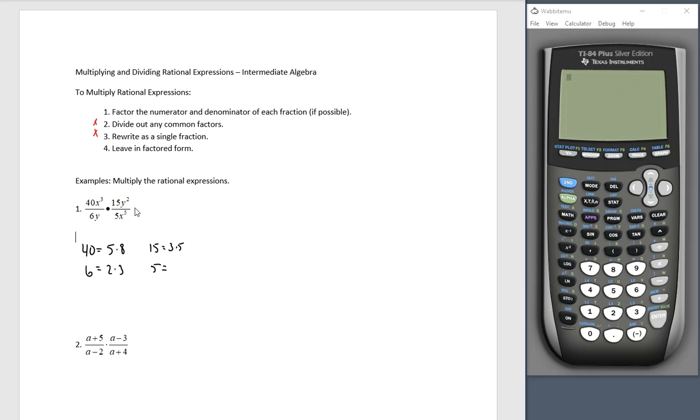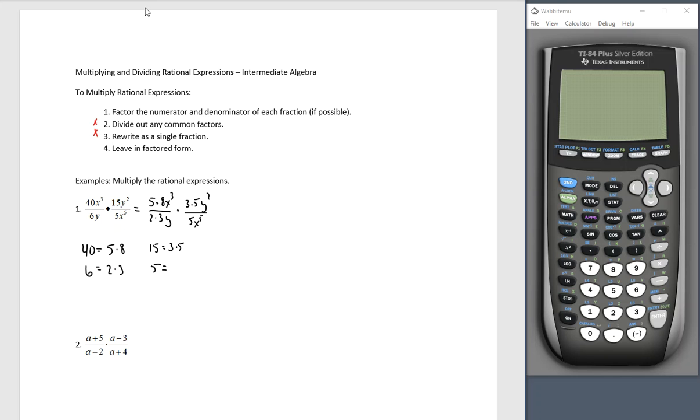And I'm going to leave the x cubes, the y, I'm going to leave those as they are. So I'm going to rewrite this as 5 times 8, x to the third, over 2 times 3y, and I'll multiply that by 3 times 5, y squared, over 5x to the fifth.